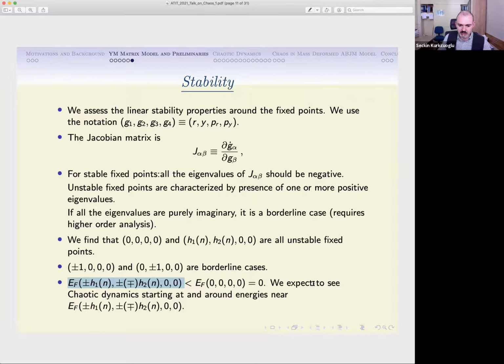So then we expect from this analysis that the chaotic dynamics will start to kick in at and around the fixed point energy of these unstable fixed points rather than this one.